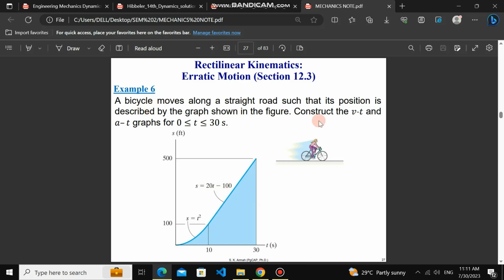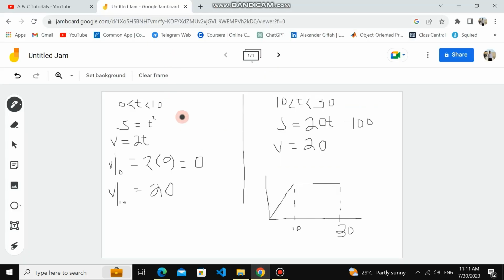They are asking us to construct a velocity-time and an acceleration-time graph between 0 and 30 seconds. So what you do is split it into two parts: 0 to 10 seconds and 10 seconds to 30 seconds.